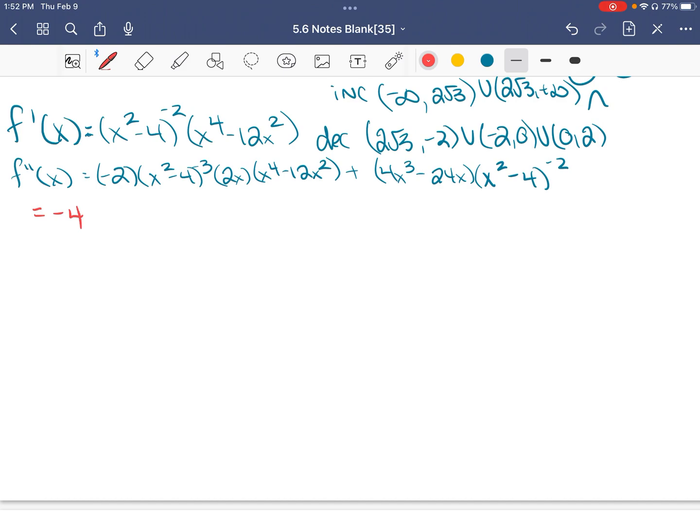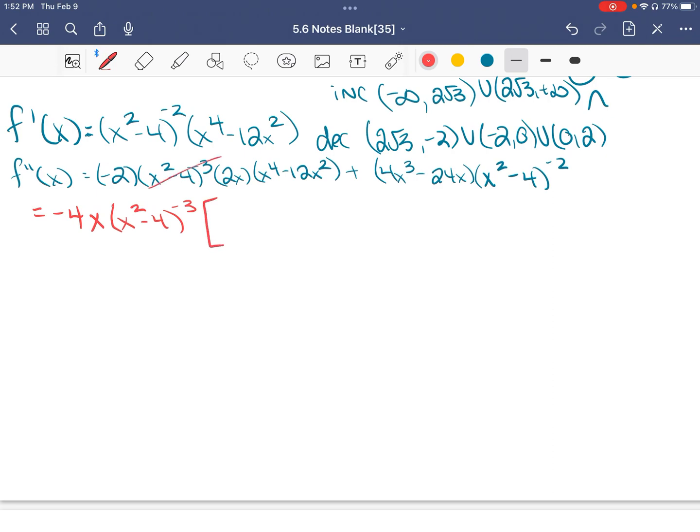The largest power of x, I can just take out 1. We then want to take out the x squared minus 4 to the negative 3. And I think that might be it.